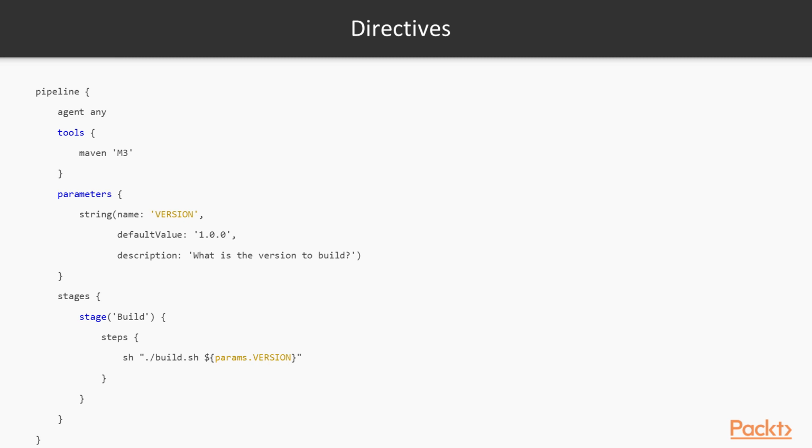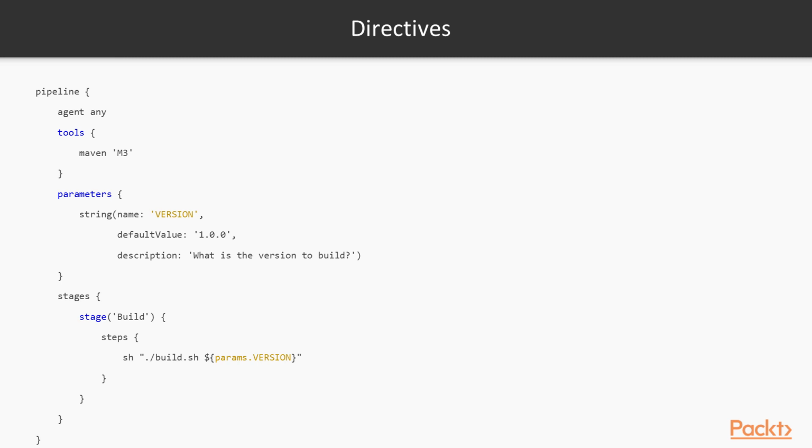Here again we have an example. As I have explained before, we have the tools directive, which in this case I'm saying to use Maven, and the name of the Maven installation is M3, like we did in previous videos. Then I'm defining another directive called parameters.